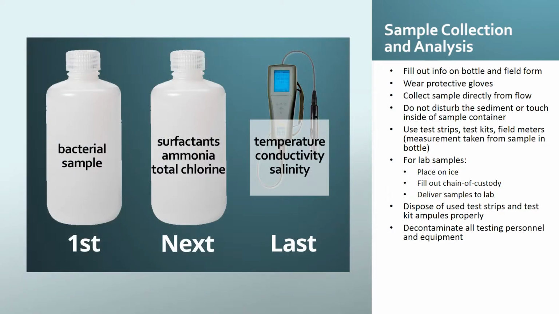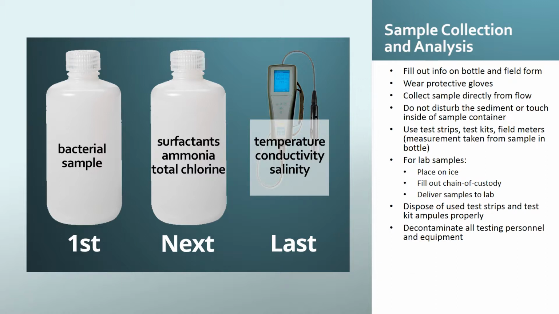The EPA New England Bacterial Source Tracking Protocol recommends that bacterial samples be collected first, with care not to disturb sediment materials or collect surface debris or scum as best possible. A separate bottle is used to collect a single water sample from which aliquots will be analyzed for surfactants, ammonia, and total chlorine.